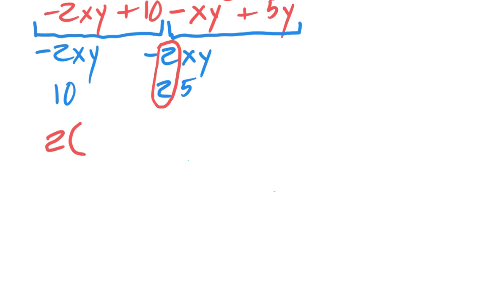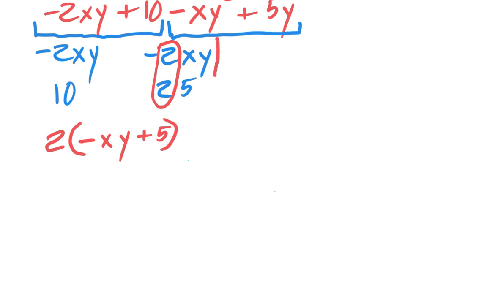If I factor out a 2, what do I have left? A negative xy. And if I factor out a 2 from 10, I have a plus 5. All right, pretty straightforward. Very good.